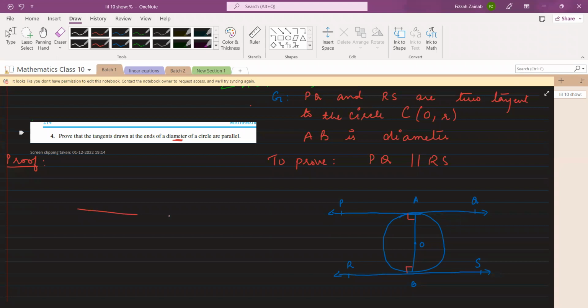We know that between two parallel lines, if we have a transversal, the co-interior angles are supplementary, isn't it?